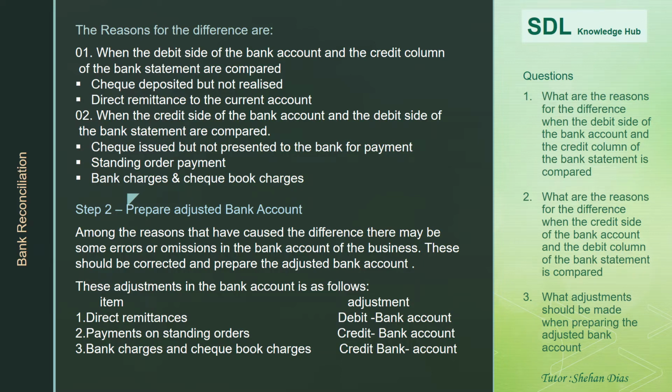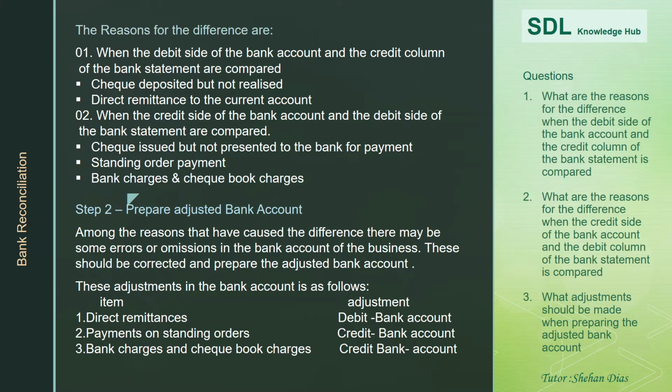Then we move on to the second step, which is to prepare the adjusted bank account. Among the causes of differences, you need to adjust the bank account for the ones that have not been recorded in the organization's bank account.